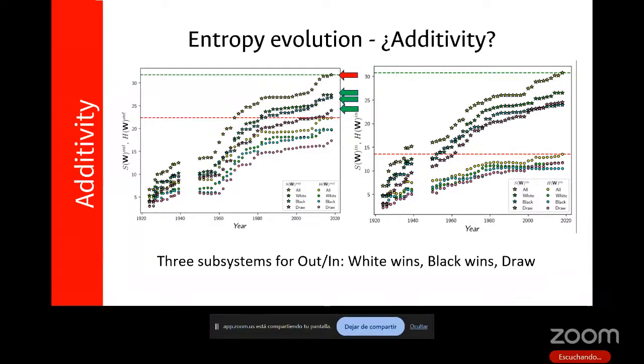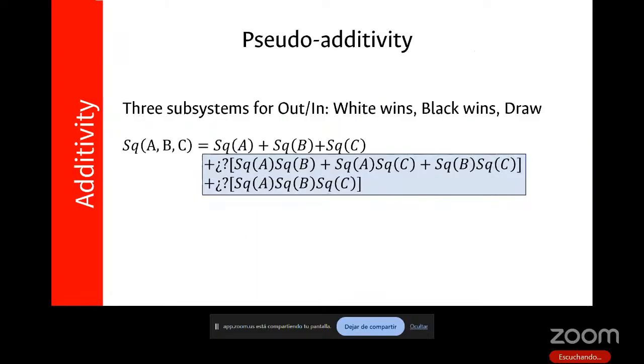And you can see that it is not so. So then we want to explore additivity, and if it is not true that this part is equal to this part, it is for the whole network and it is for each one of the subsystems. So what should be around here so that we can make it add?